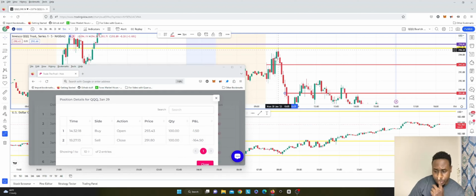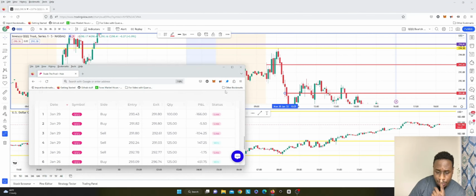Looking at this trade, I probably could have taken profits right here, but taking profits right there would have meant that I didn't even hit a 1-to-1. If you make a 1-to-1, you're really risking 1 to make 1, when I'm trying to risk 1 to make probably 5.